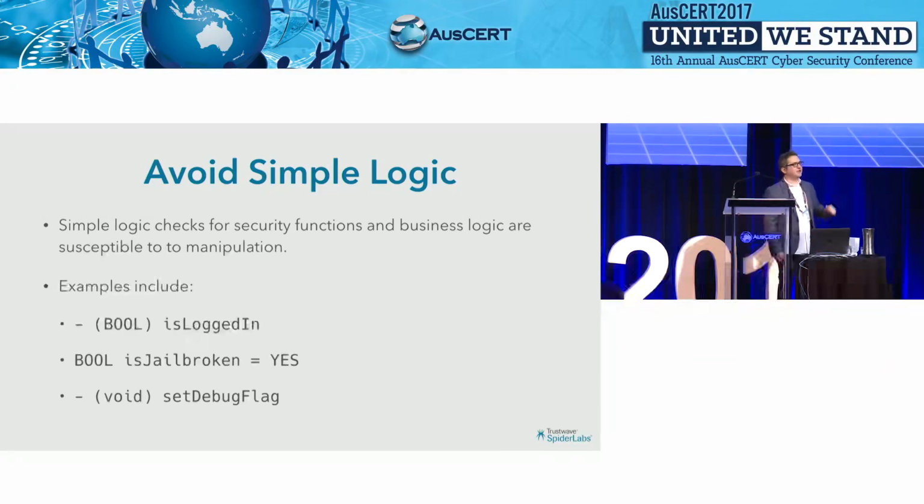If I can patch that to always return true, have I got an auth bypass? isJailbroken, yes, right? That's a variable. I can easily change that on a compromised device. So if you're relying on the value of that variable to be yes or no, you can easily flip that. Set debug flag is just another example.